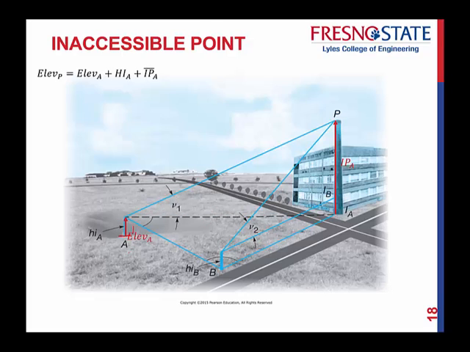So if I know point A, all I need is the height of the instrument at point A, plus from that horizontal plane, the distance from I to P, which would give me the elevation of point P looking at it from point A. So up here: the elevation of A plus the height of instrument plus the length of IP from A.